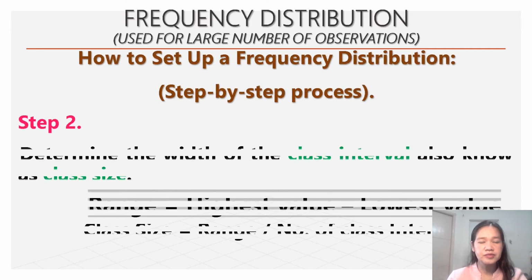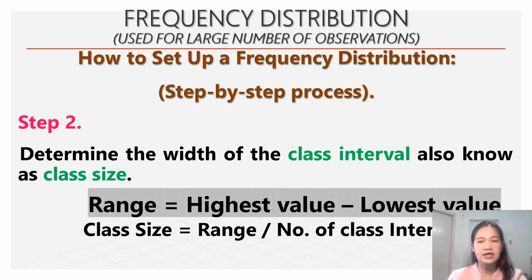is to determine the width of the class interval, also known as the class size. The range of observation is the difference between the highest value and the smallest observation or the lowest value of the observed variable. The class size is the quotient of the range and the number of desired class groupings.